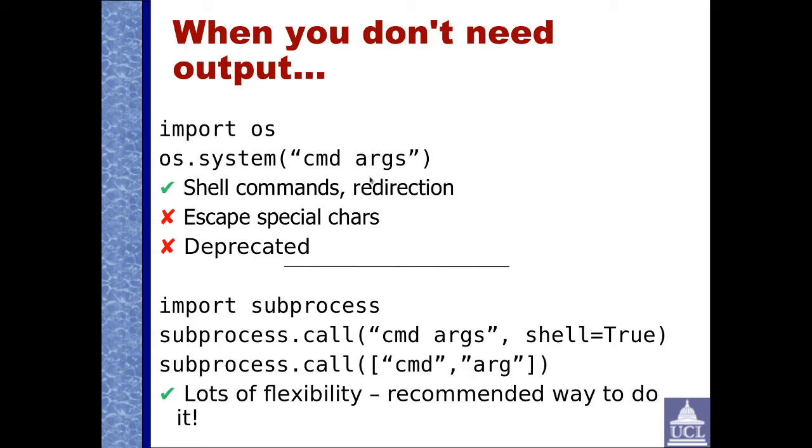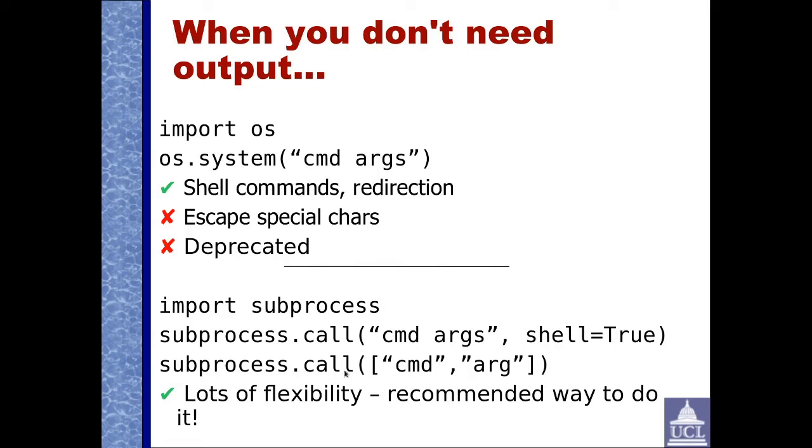But the limitations of this are, first of all, that you have to escape any special characters in this string that you're passing, and it's actually now deprecated. It's not the recommended way of doing this anymore. The recommended way of doing it now is, as shown here, that we import the subprocess module and we do subprocess.call, and we then give it a string with the command and the arguments and shell equals true.